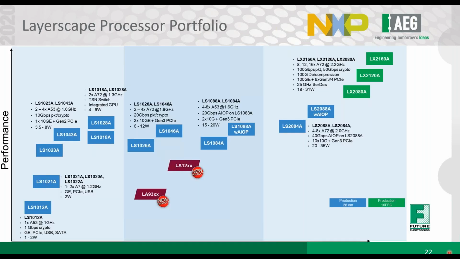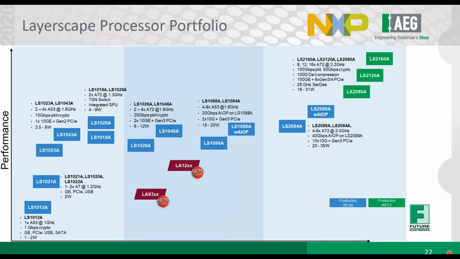And then lastly, I did want to touch on the Layerscape family of processors as well. Again, this family has quite a variety of options, so you get that same scalability within this family of processors. They range anywhere from a single A53 core that's running at 1 gigahertz all the way to the higher end of the spectrum, which is an 8-core or 16-core A72 application processor.